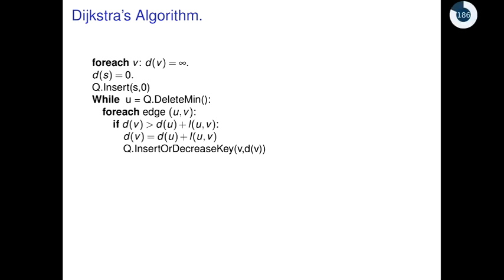And now for each edge, if the current label for the node V is larger than D of U plus the length of this edge to that V, now we found a new shortest path, right? The shortest path to U is D of U, and now you have an edge from U to V, so the length of the path through U is D of U plus L of U V. And that's shorter than the old label you had.